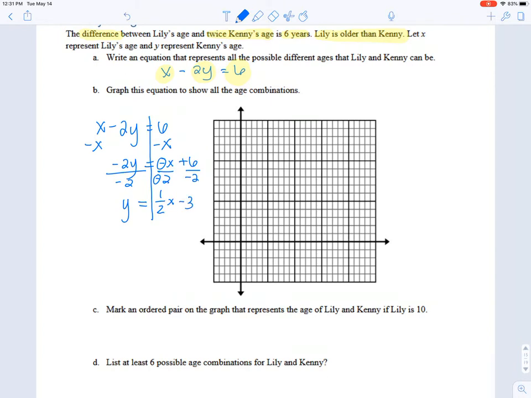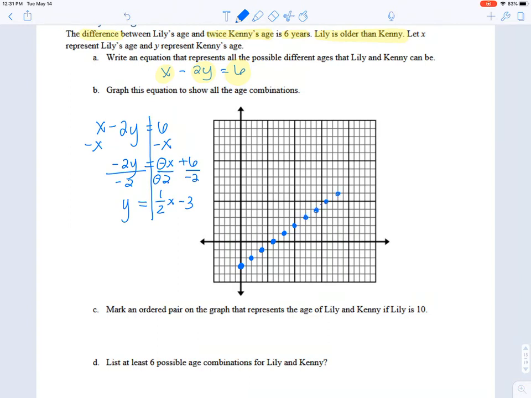And then minus 3, because 6 divided by negative 2 is negative 3. Then when you graphed this, we should have graphed our y-intercept at negative 3. And then go up 1 over 2, up 1 over 2, and keep that pattern going.